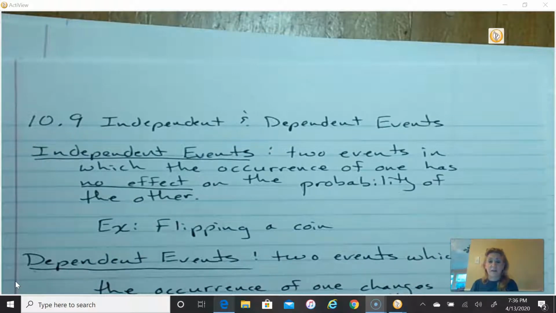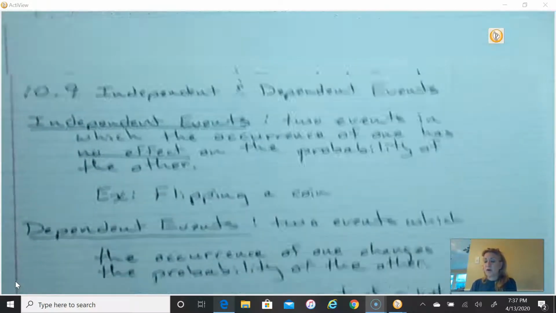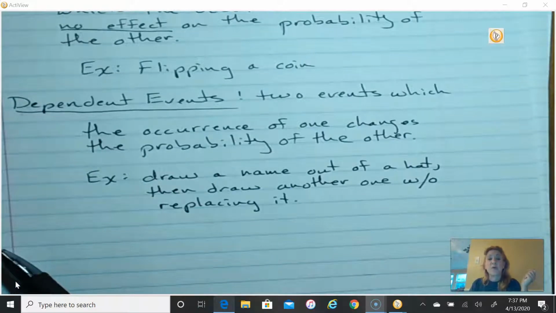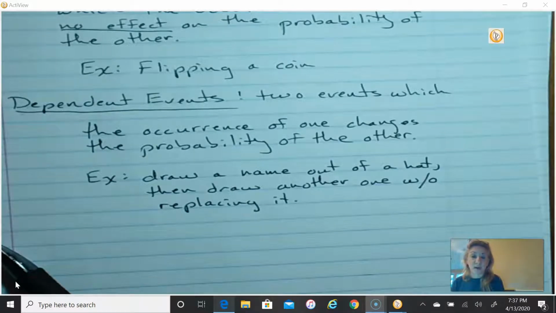She could end up bringing me tacos and Dr. Pepper. But for a dependent event, I would draw the first name. It would be Miranda. And then I keep her name and then draw another one. So that means that first draw does affect who I choose the second time because now I've removed her name.